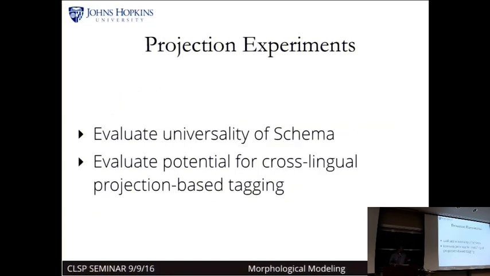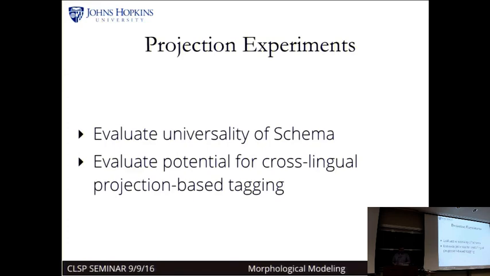But we wanted to do some kind of evaluation of both of these assertions of utility. So the schema were designed so that labels would have roughly the same meaning cross-linguistically, but we wanted to know the extent to which that was actually true when we use them in real life.